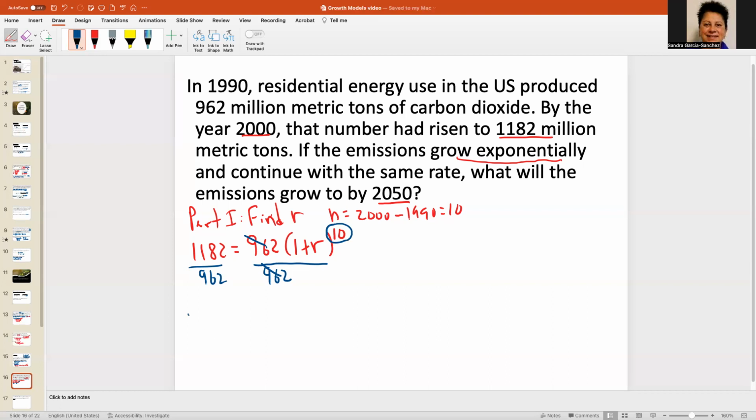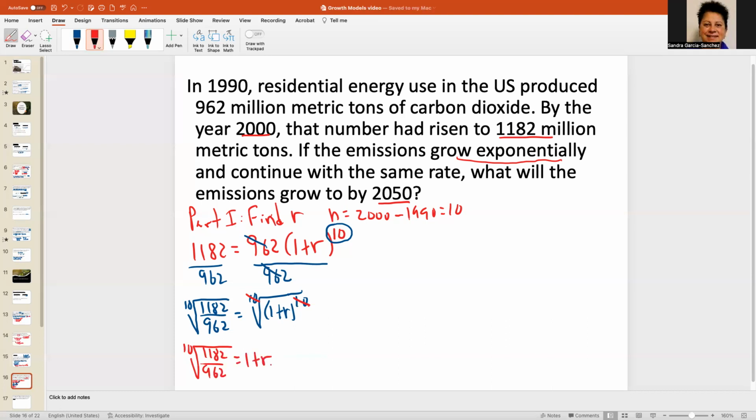So what I have to do is find the 10th root of both sides. And I'm not going to solve this yet, guys. Just leave it like that. So when I find the 10th root on my right side, the 10th root is going to cancel the exponent 10. So now I have the 10th root of 1182 divided by 962 equal to 1 plus R.